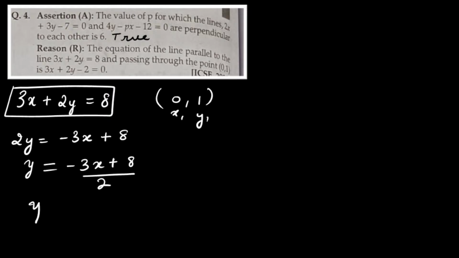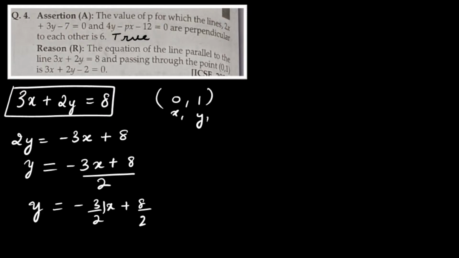So I'll keep 2y on this side, and plus 3x, when shifted to the other side, becomes minus 3x. 8 is already there, positive. Now 2 I'll shift to the other side. So y equals minus 3x plus 8 by 2, so y equals minus 3 by 2 x plus 8 by 2.